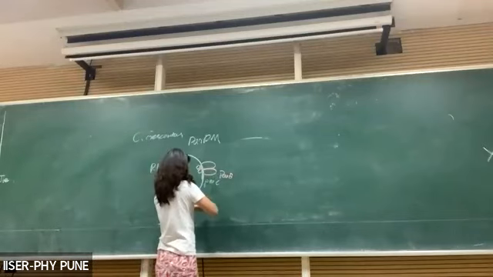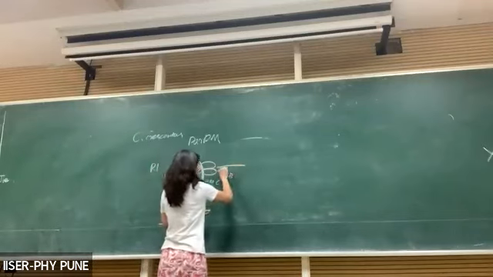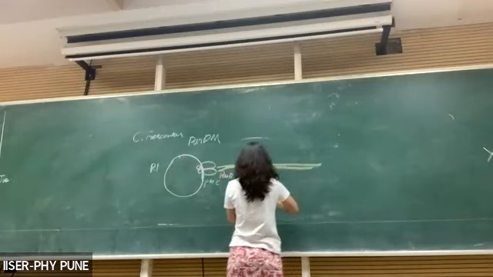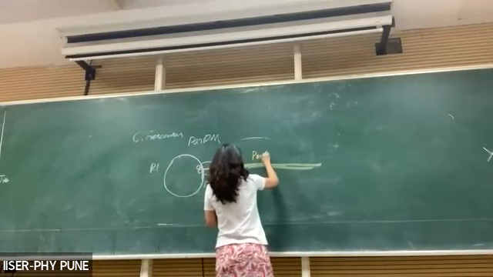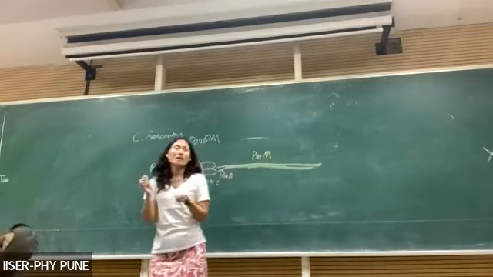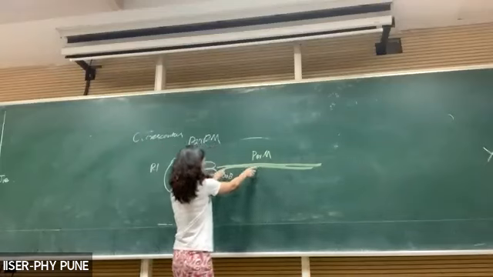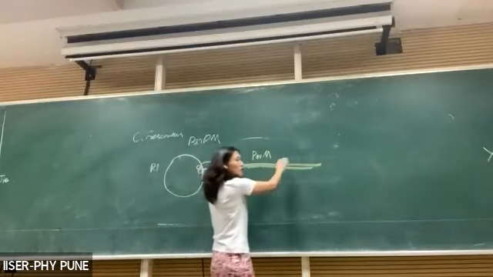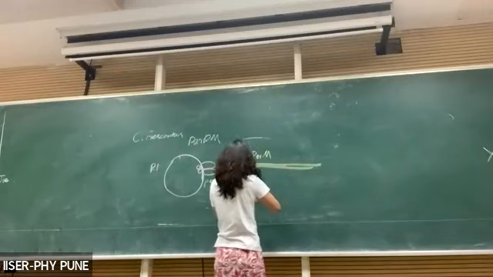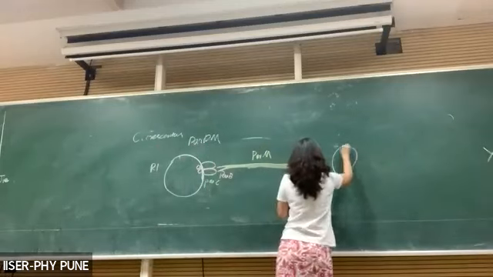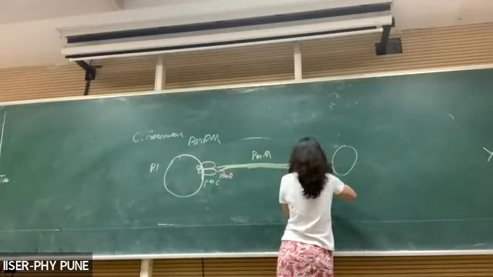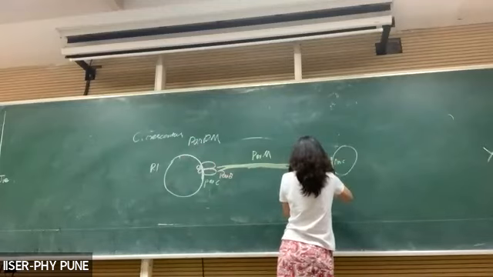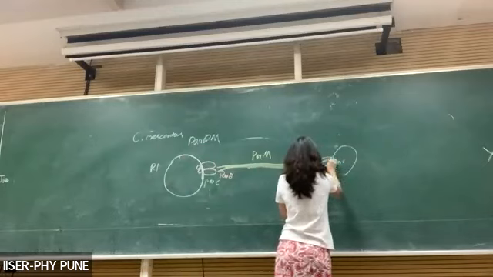It actually binds to a long filament that's made by another protein called ParM. And ParM starts growing when you have ParR over here, just continuously growing, until it reaches another plasmid that has the same ParC system, and also has ParR.